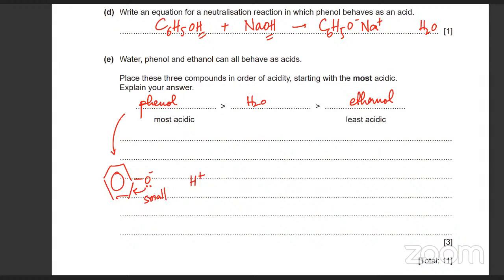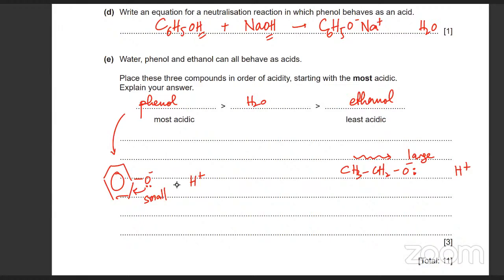On the other hand, when an alcohol like ethanol, CH3CH2OH, loses the H+, the alkyl chain has an electron donating effect, which makes the negative charge large. So alcohols tend to have a stronger OH bond because there's more attraction. Phenols tend to have a weaker OH bond because of lesser attraction.